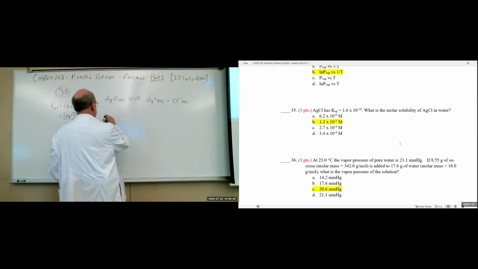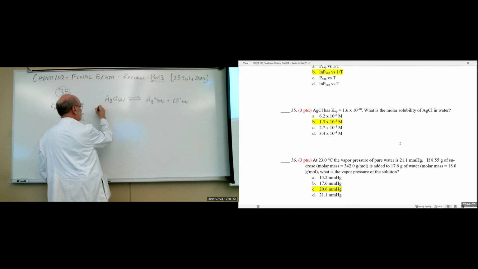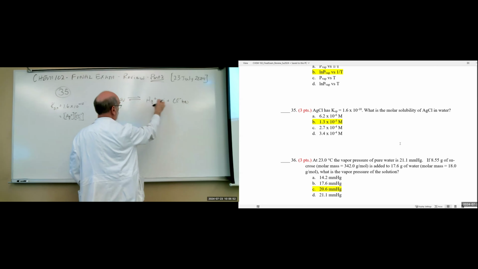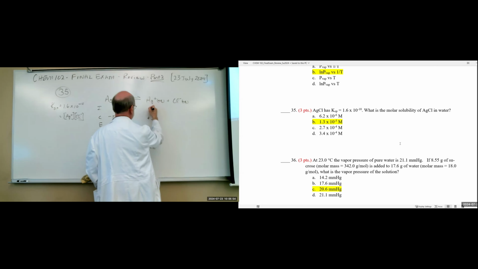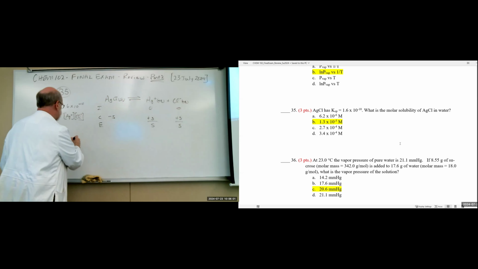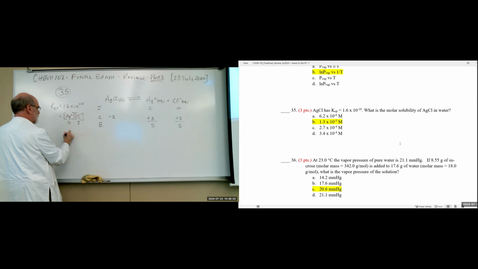So what is that concentration? Well, if we drew our ice table and call this a change of solubility, right, then it's going to end up over here 1 to 1 to 1. This is plus S starting at 0, plus S plus S. Then we have S and S. Then this is simply going to be S times S, or S squared. S squared is equal to 1.6 times 10 to the minus 10.